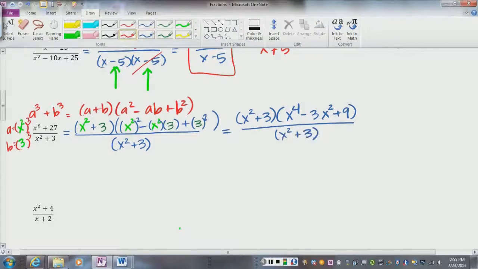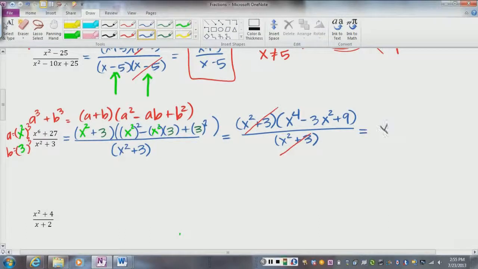I'm looking for anything I can reduce here. I can reduce by a factor of 1. X squared plus 3 divided by x squared plus 3 is 1, so that can cancel. And what I'm left with is simply x to the fourth minus 3x squared plus 9.